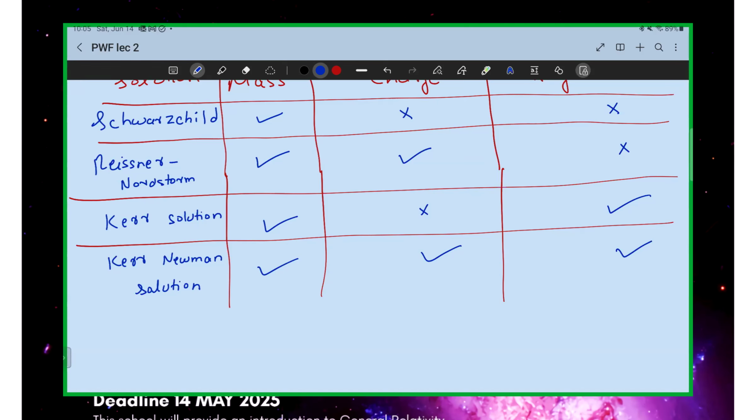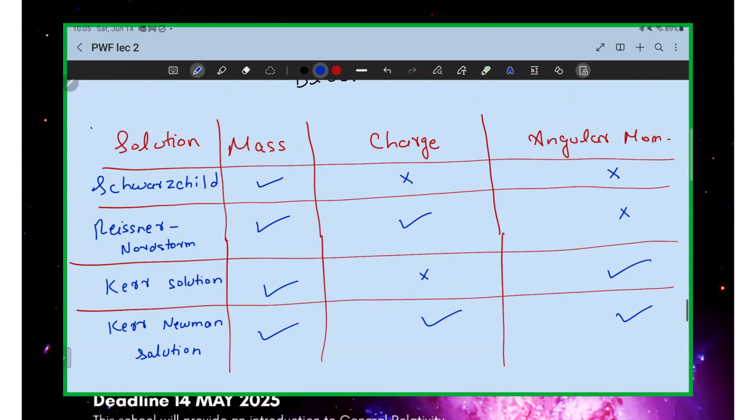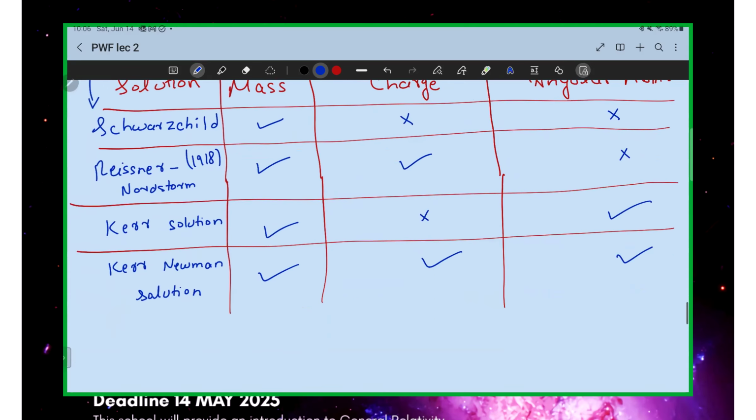But solutions in general relativity were hard to derive. The Schwarzschild solution came in almost 1916, almost the same year when Einstein released his equations. If I'm not wrong, the Reissner-Nordström solution came in 1918. It took some time, but it was not that difficult.